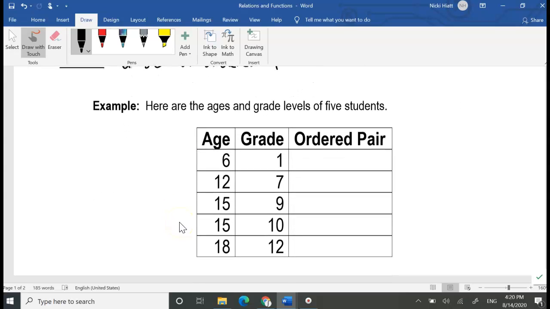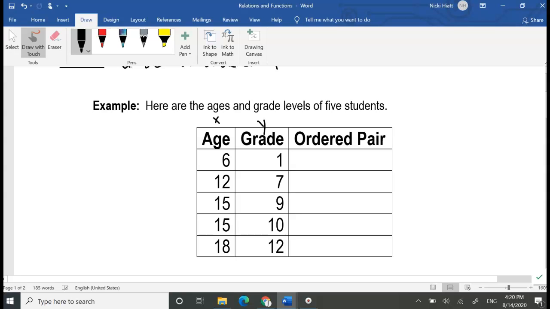Okay, and let's look at an example of this. So here we have the ages and grade levels of 5 different students. Age here would be our independent variable and y would be our dependent variable, our x and y coordinates. So our ordered pair for the first student would be 6, 1. And then the next would be 12, 7.